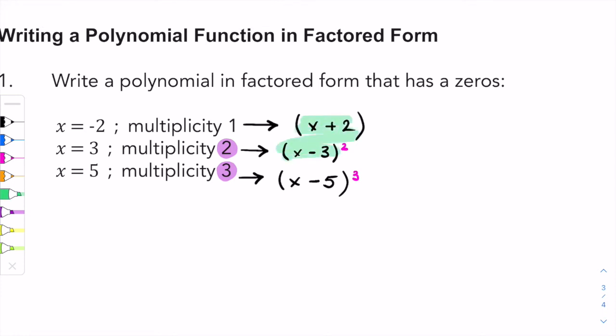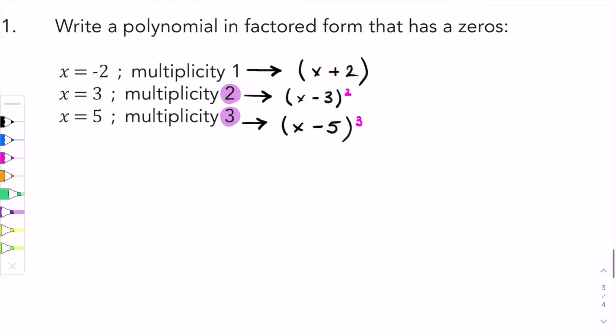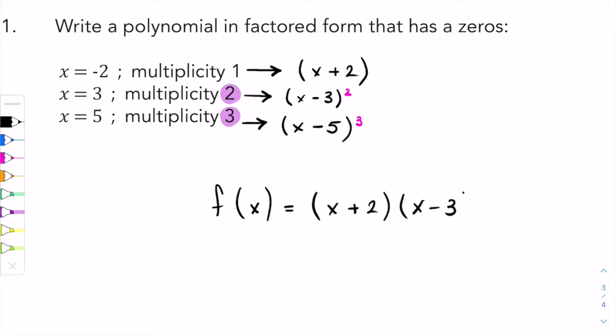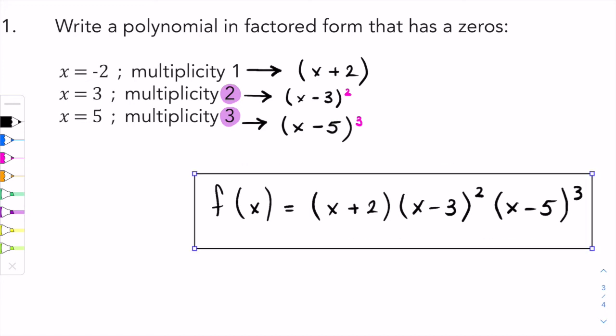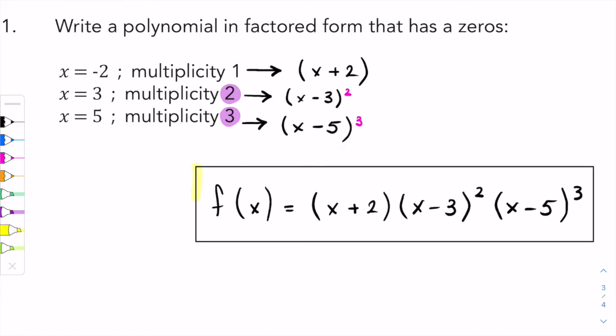So once you identify your factors, we're just going to write this function in factored form. I'll use function notation. F of x is equal to x plus 2 multiplied by x minus 3 squared, because there's 2 of those, and x minus 5 in parentheses cubed, because there are 3 of those factors. And this is your function in factored form.